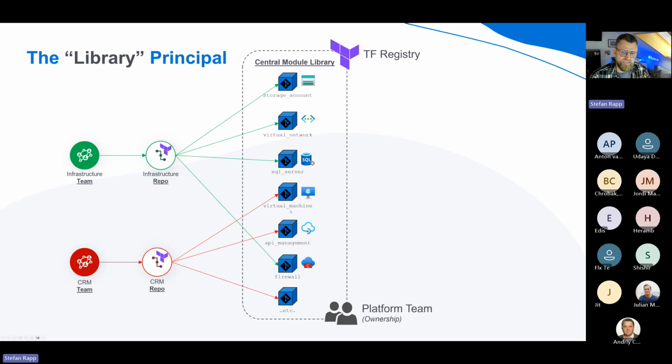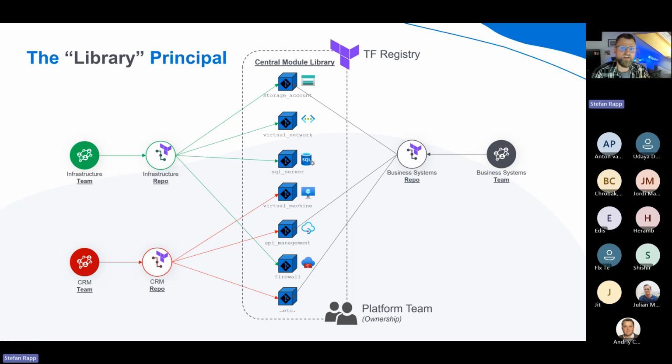Or the CRM team can, for example, use the virtual machine API or any others. And also we have a business systems team, which can use, for example, storage account, API management, or any other modules in this example.